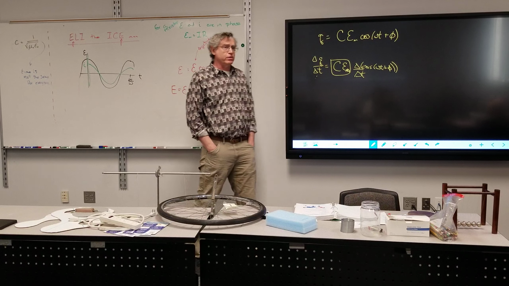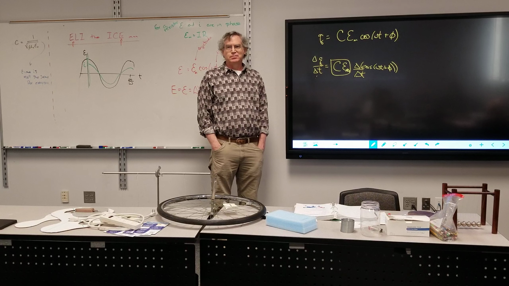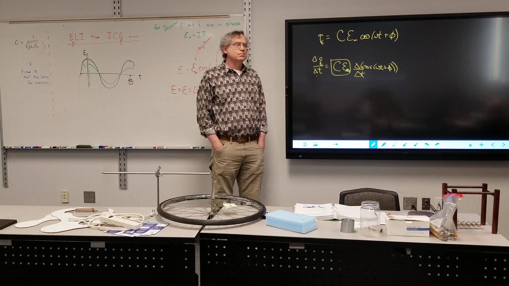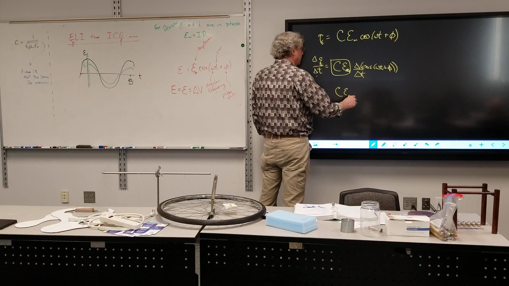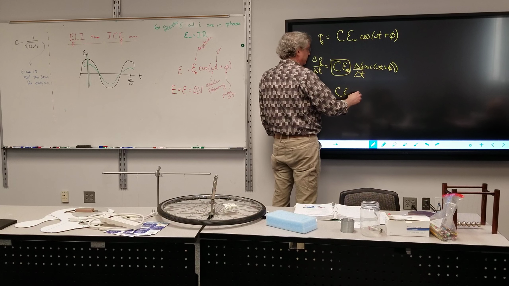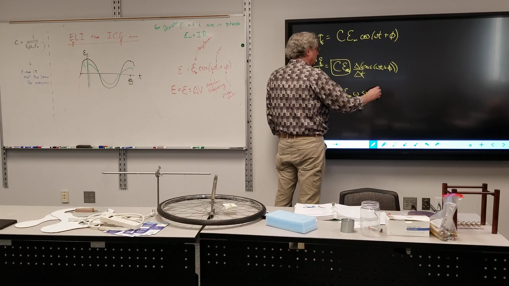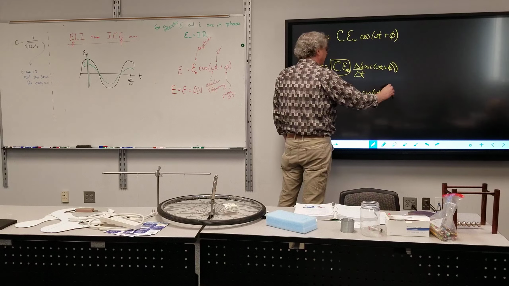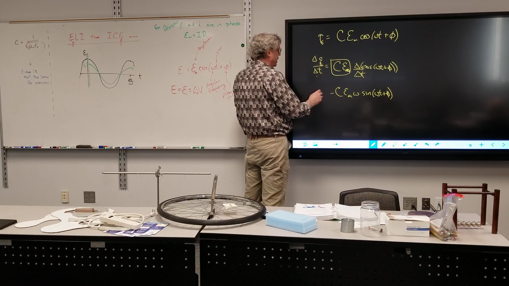So the slope of a cosine curve is negative sine. So this becomes C epsilon sub m, the omega is going to pop out front, omega negative sine omega t plus phi. So that will be my current.